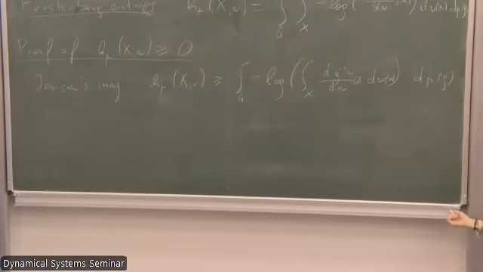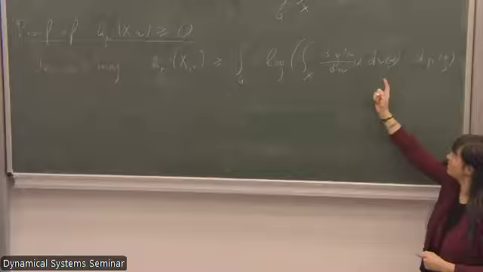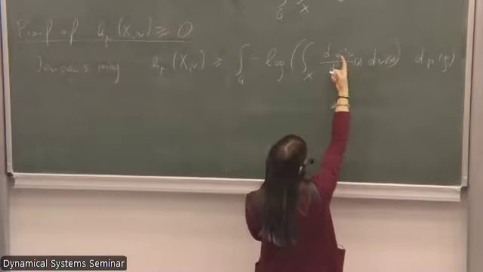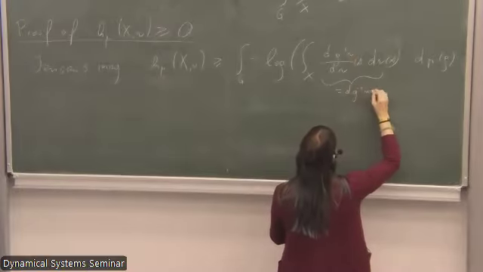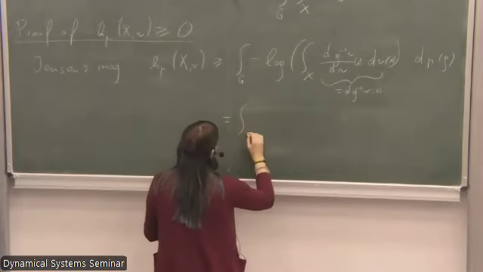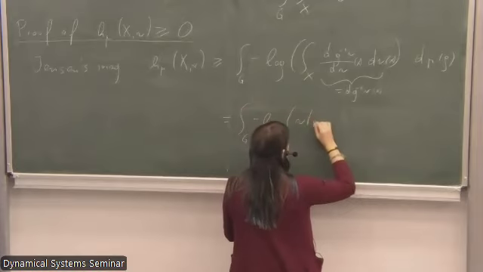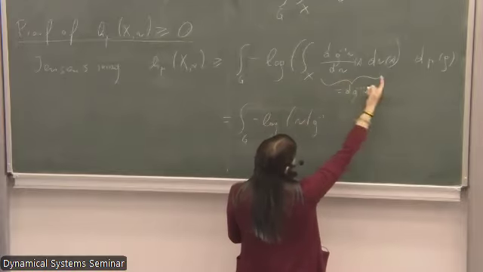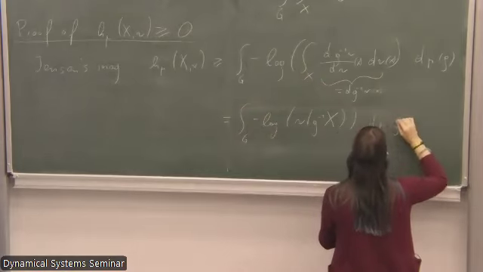What can we do next? If we know what the Radon-Nikodym derivative is, then things become easy, because this whole expression is just g inverse of this. So this thing here is just d of g inverse nu. So what we have written here is the integral over g of minus log of nu of g inverse of x, integrating over all of x, d mu of g.